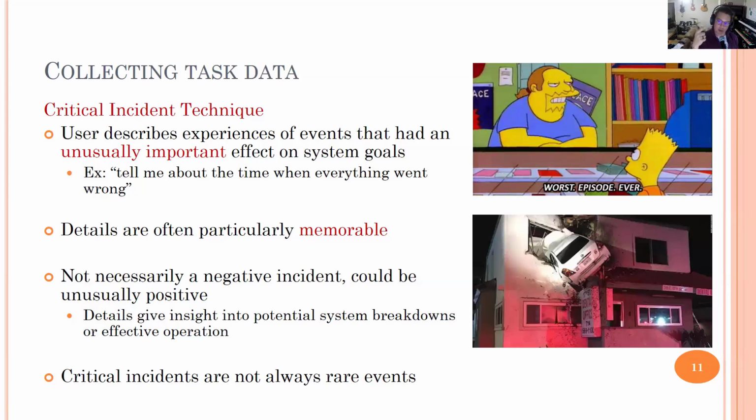Those two extremes are unusually important, because if everything goes right you can learn about why everything goes right, or if everything goes wrong you can analyze the reasons around that. Either one's going to give you quite a bit of valuable information for how systems work.